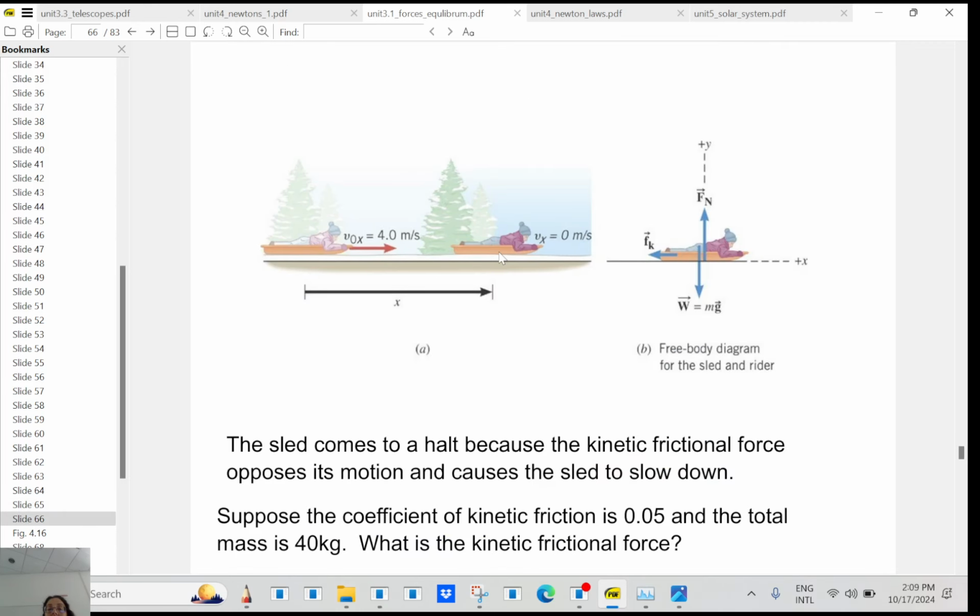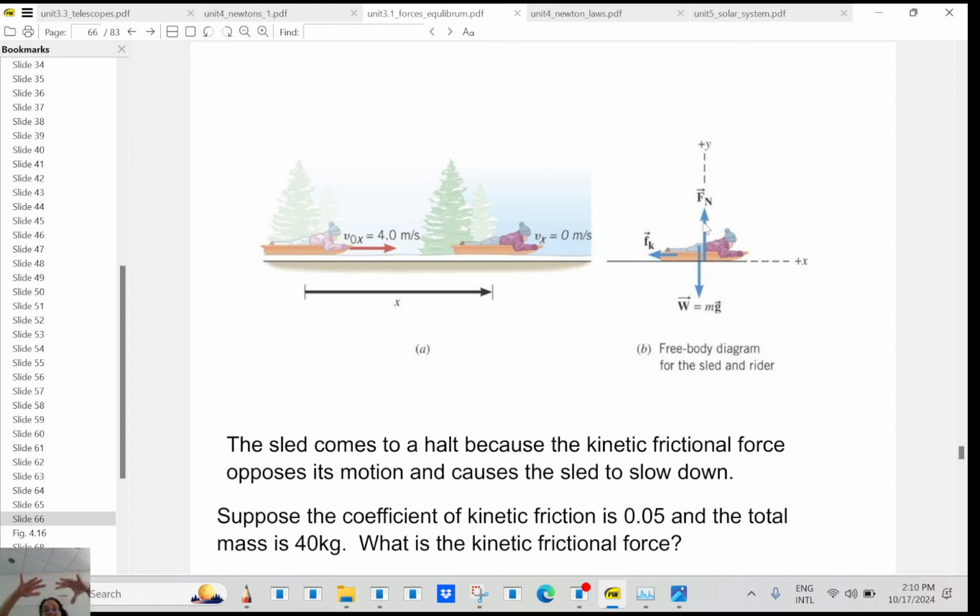Okay, so let's do something easy. You see, the only force acting here is kinetic friction. So that will be my free body diagram. Weight is pulling down. It's going to be balanced out by the normal force. Normal means perpendicular.